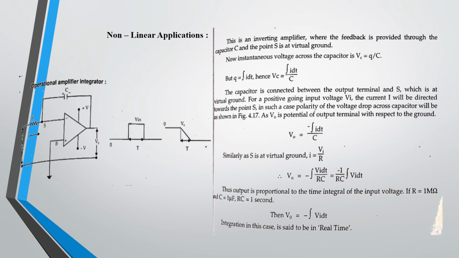Now here come the non-linear applications: integrator, differentiator, comparator and Schmitt trigger. What is the difference between linear and non-linear applications? In linear applications, whether it is AC input or DC input, we observe the output signal's nature is the same as the input.